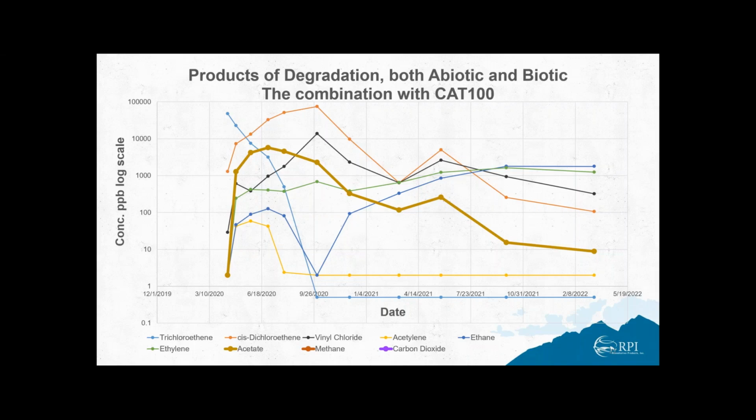Now, not completely replaced by any means, but you're just judging it from this graph. And if you were just looking at this graph, you would think of it as a replacement. You also produce methane, which is good, and carbon dioxide, both markers of biological degradation. And in this bowl of spaghetti graph, you can kind of see that the CAT 100 product is functioning both through an abiotic and a biotic process.